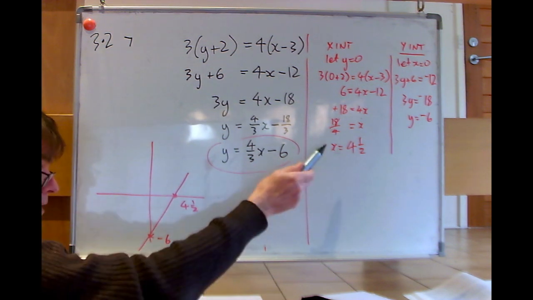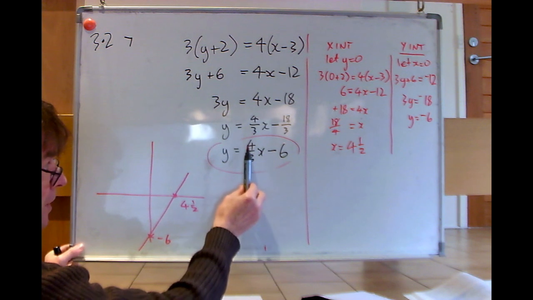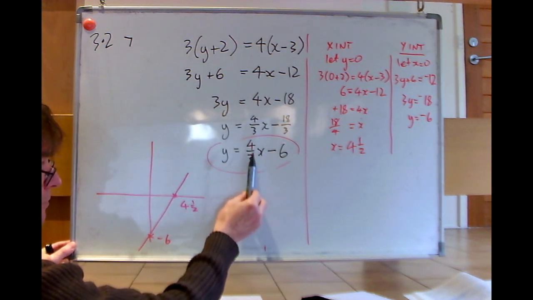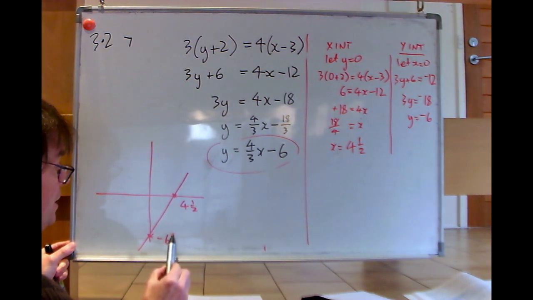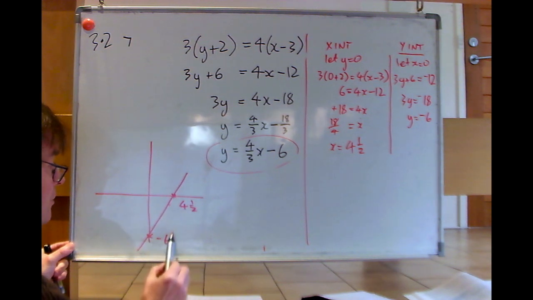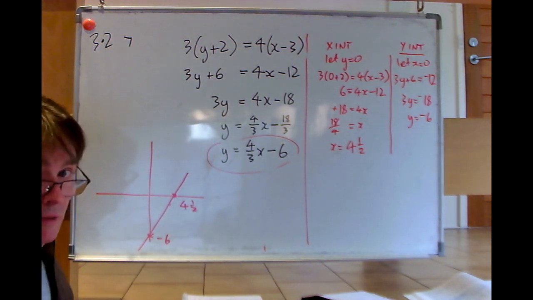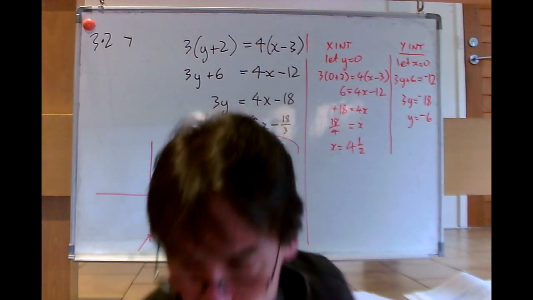Once I've put my x and y-intercept down, I can now just check this. My gradient is rise of 4, run of 3. So if I go across 1, 2, 3, I should be going 4 to get back to the graph. Looks roughly correct, so I'm feeling confident that I got that one correct.